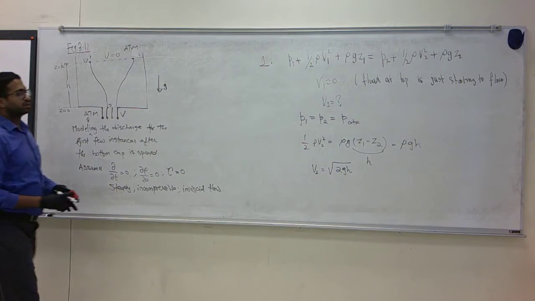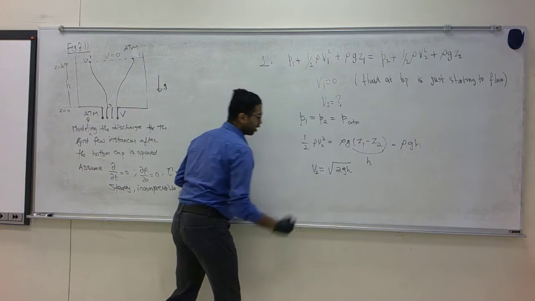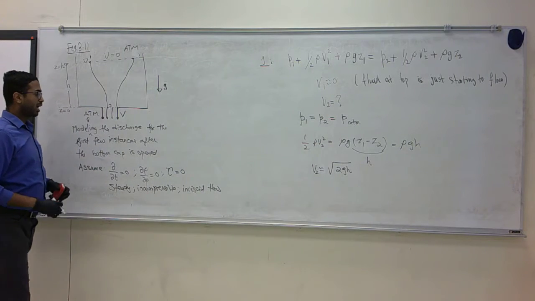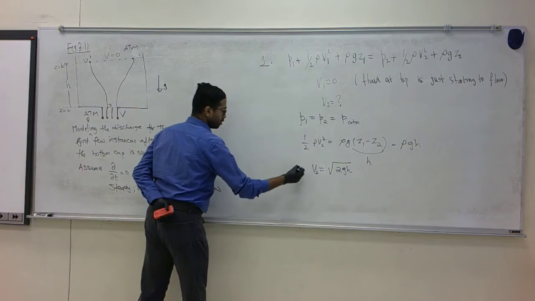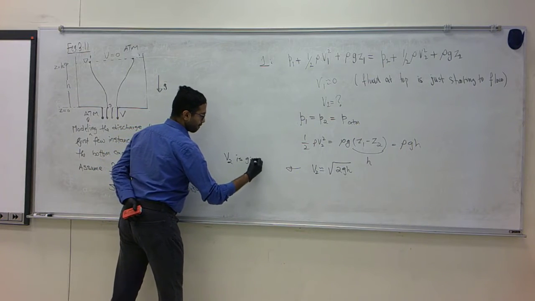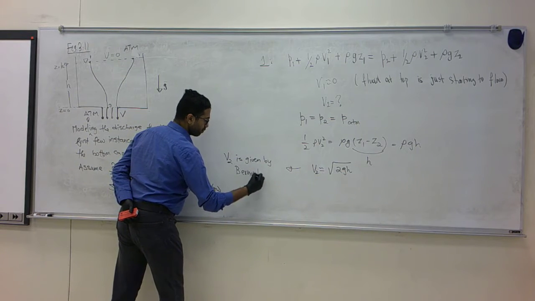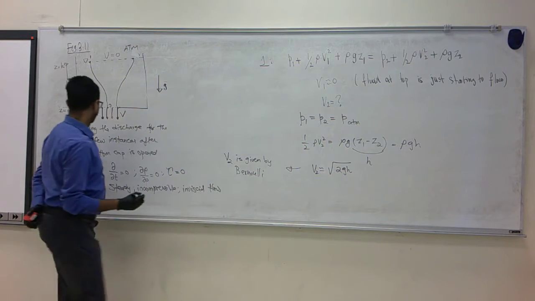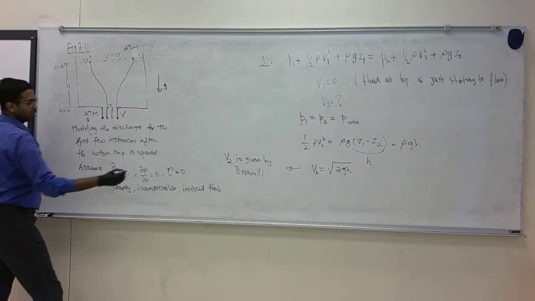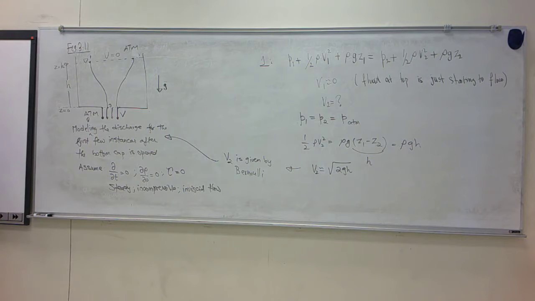I should add it is approximately equal to, because we did add a lot of simplifying assumptions, and V2 is given by the Bernoulli equation only for the first few instances after the bottom cap is removed.